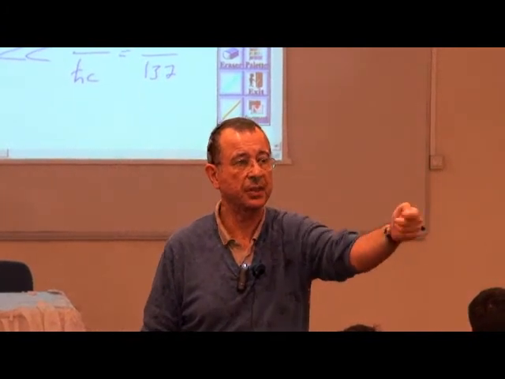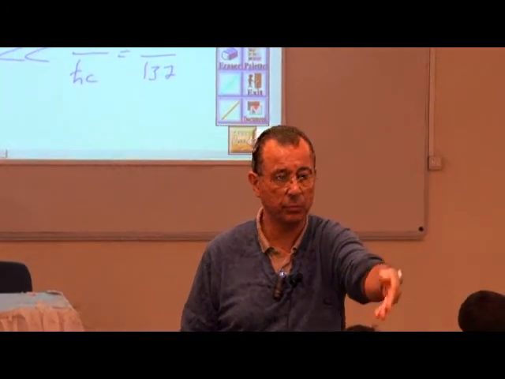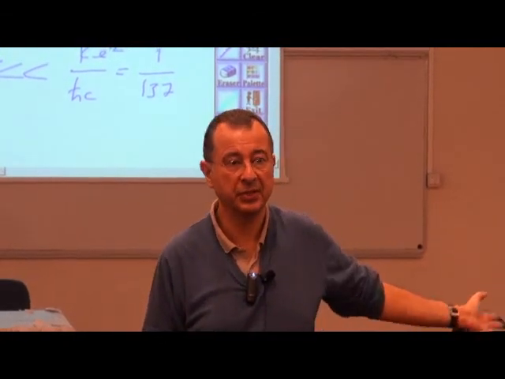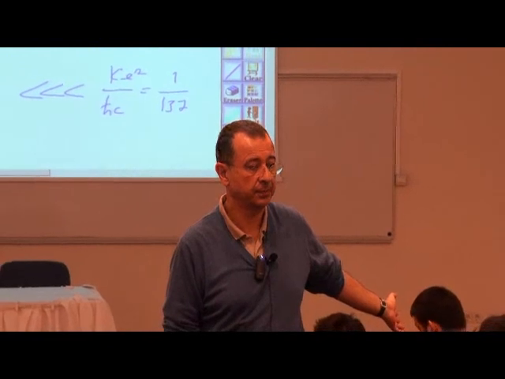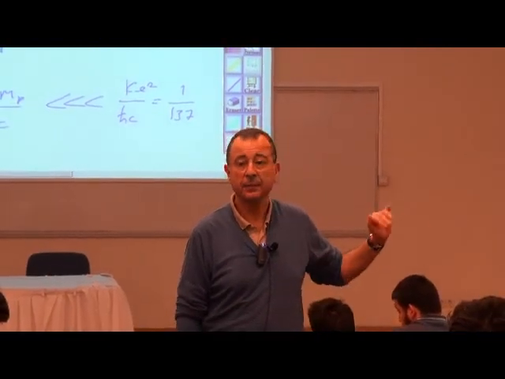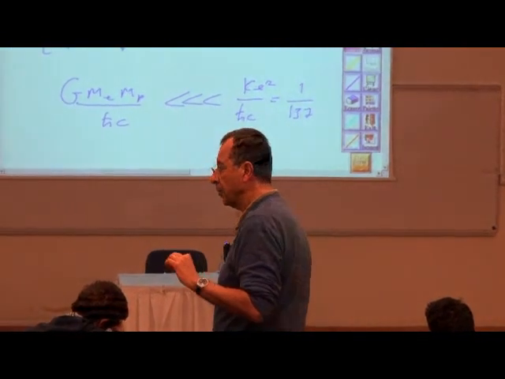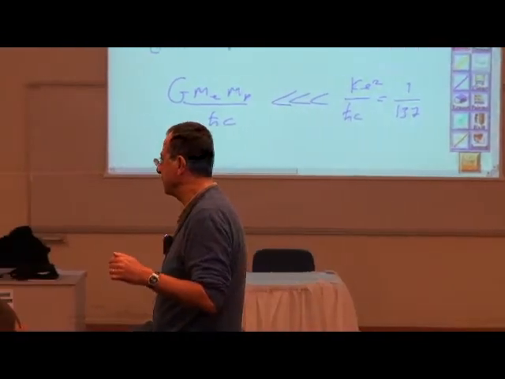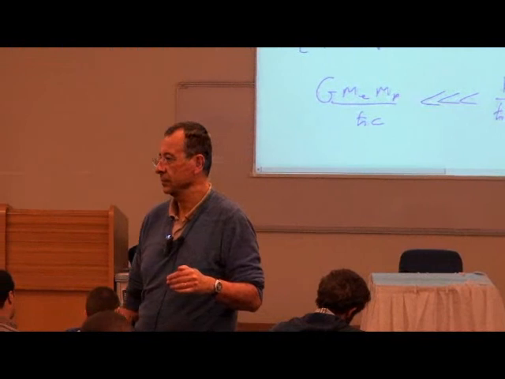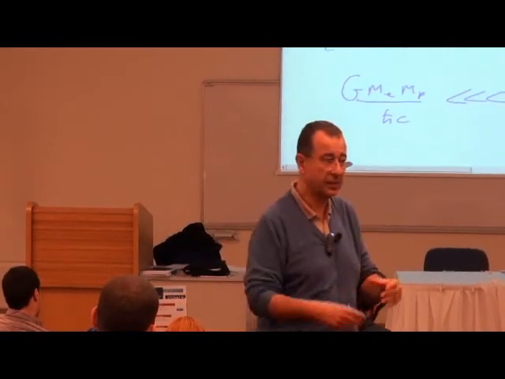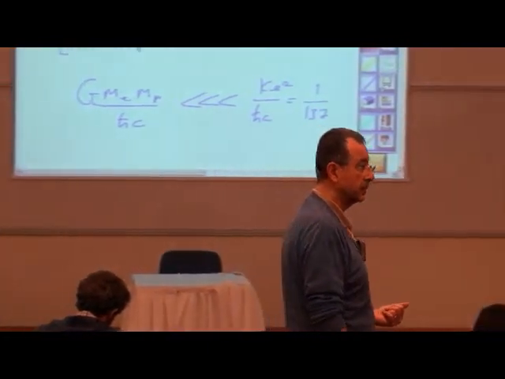Whatever that is, you can just go home and look up those numbers from your book and calculate. You will find out that it's going to be dimensionless. We already know it's dimensionless. But its value will be tiny compared to e square over h bar c. This just says that within atoms, gravity is negligible.